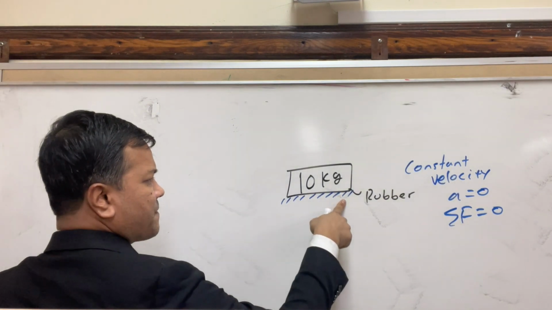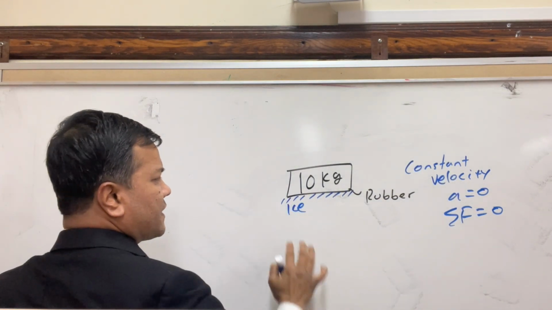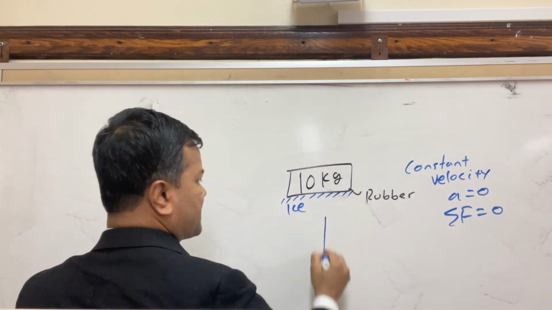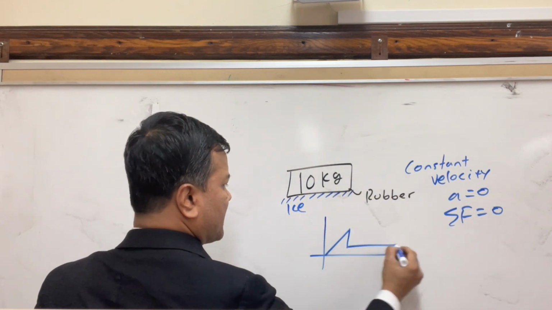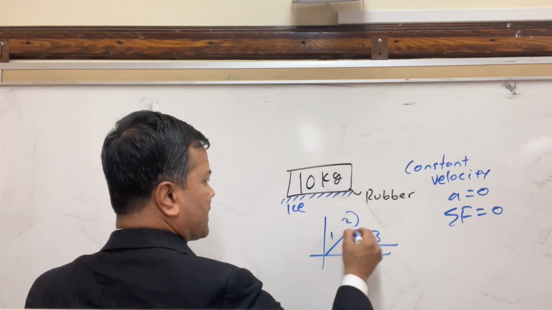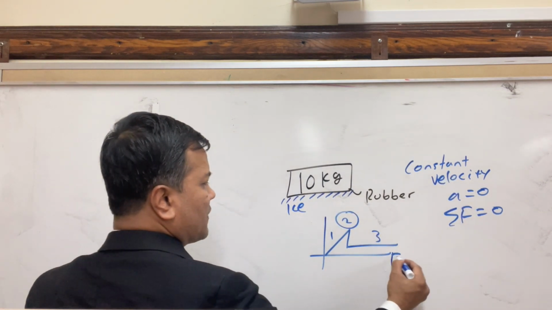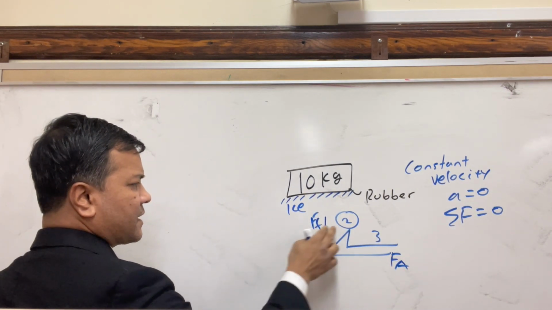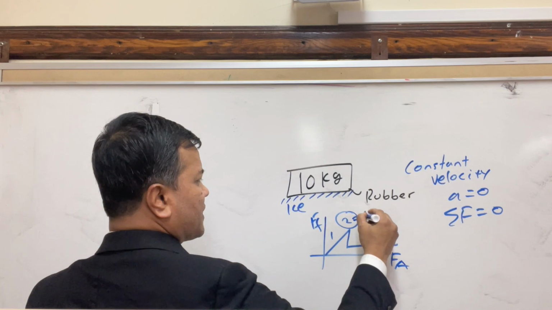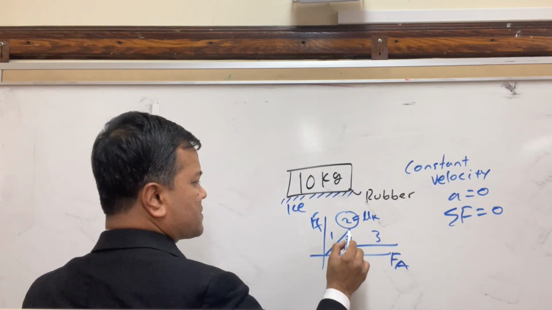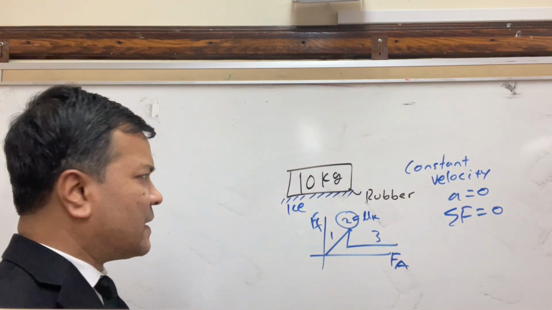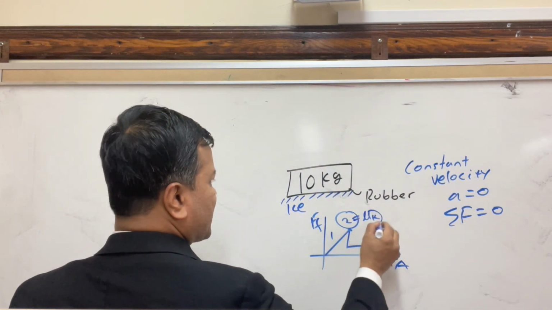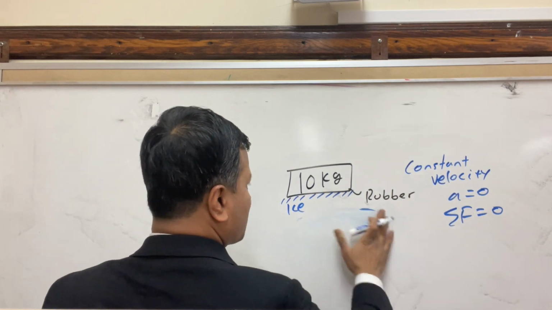If rubber moves on ice with constant velocity, that means we have to be at location 2 of the applied force versus friction graph, and at location 2 you have mu k, because location 2 is of course constant velocity. Good. Once you know that you have to use mu k, then your job is easy.